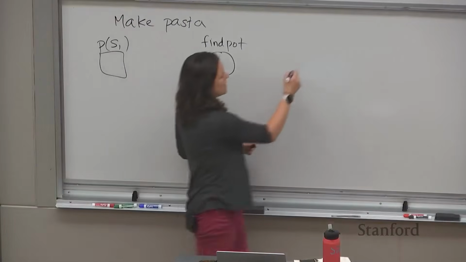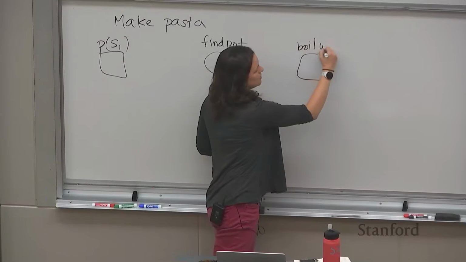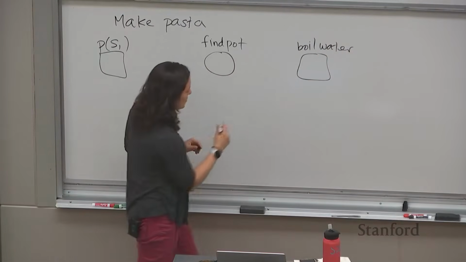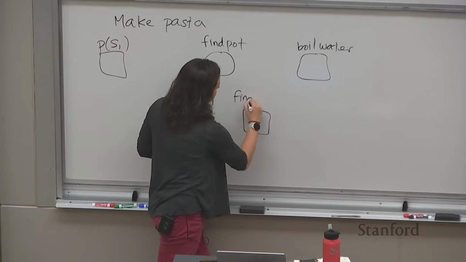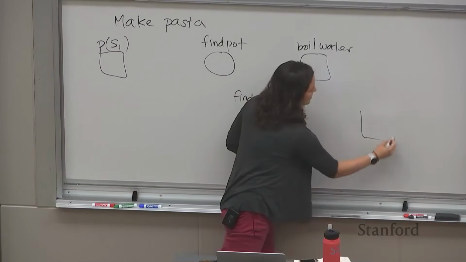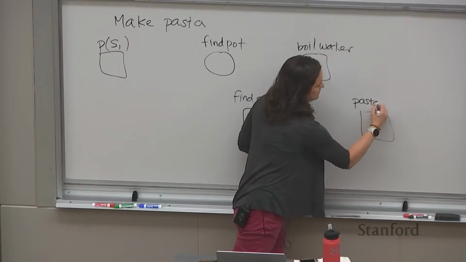You could have some states where you now have boiled the water. Another set of states where you have found the pasta. And then some other states where the pasta is cooked.